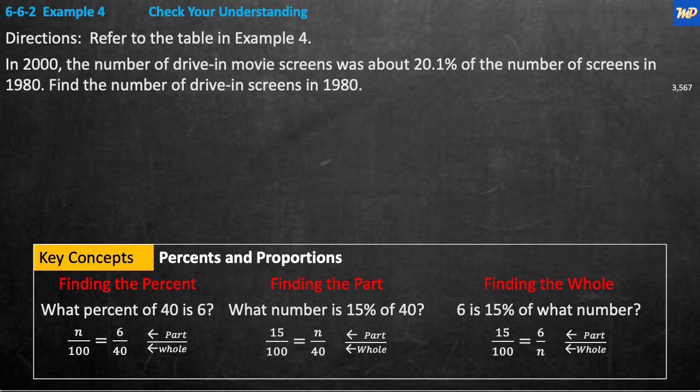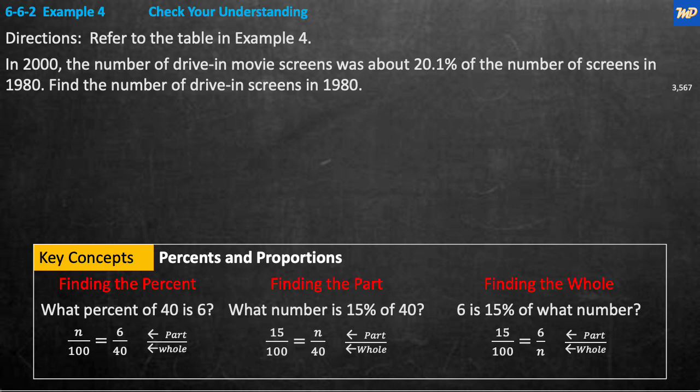When you go off to work on this, you can look at this key concept guide at the bottom. They're talking about 3 different ways of processing these percents and proportions. If you're trying to find the percent, that's n here, where we're finding the percent of 100, 15%, 33%, 20%, whatever, is 6 over some number, 6 over 40, or 15 over 105, or whatever it is.